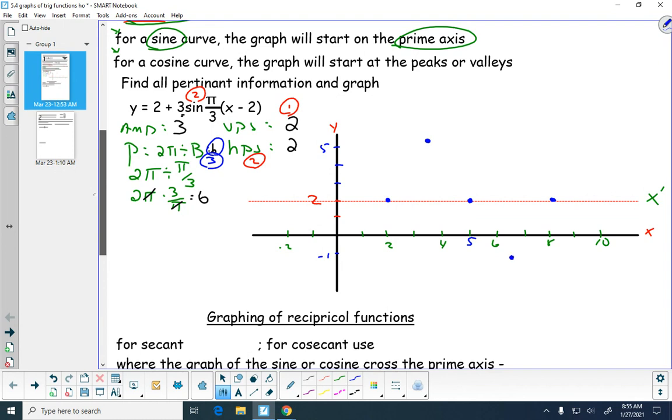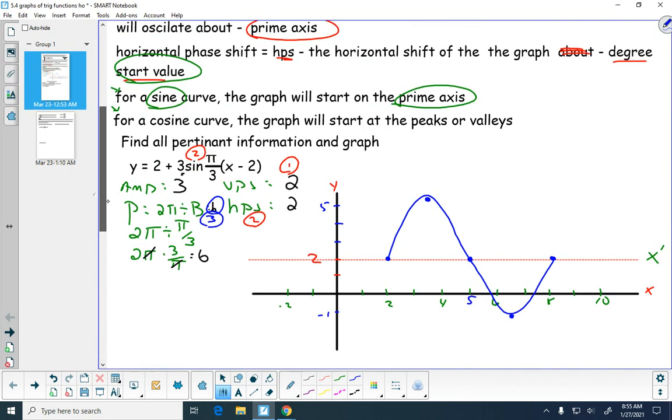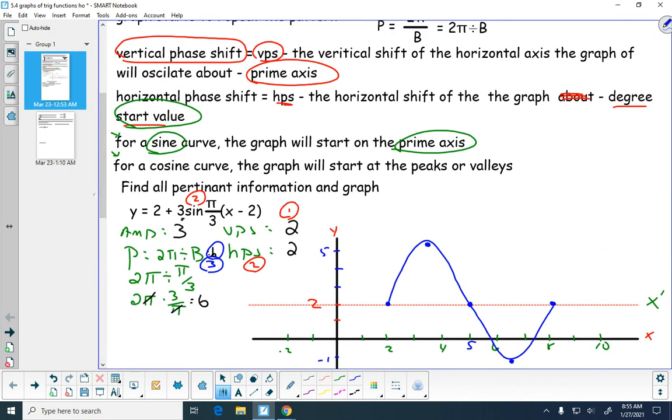So if I look at my sine curve, once again, we get a roller coaster ride here. If we look at sine, we're going to have a roller coaster ride. Cosine, we start at a peak, and then back up again.